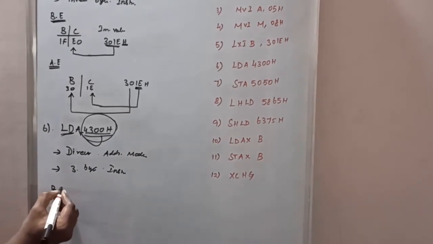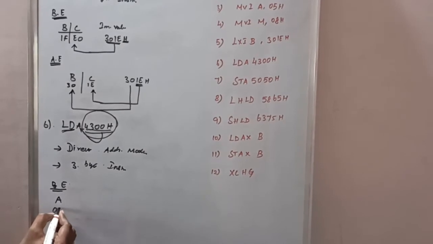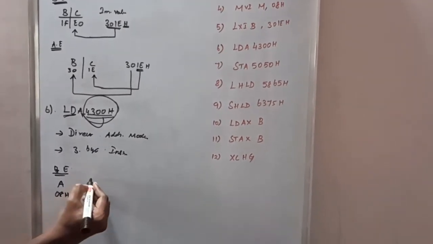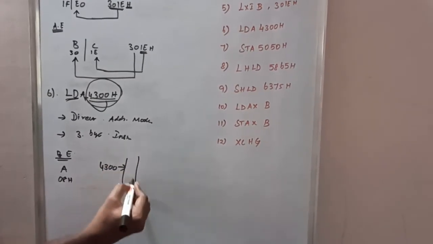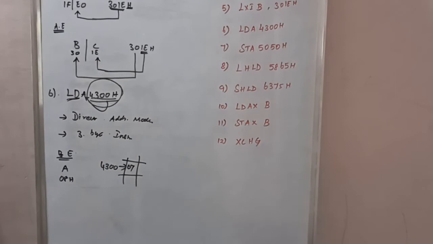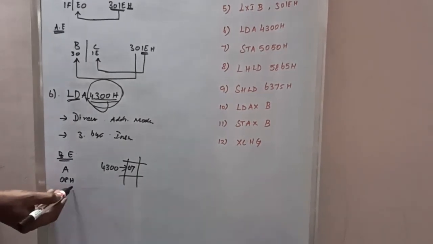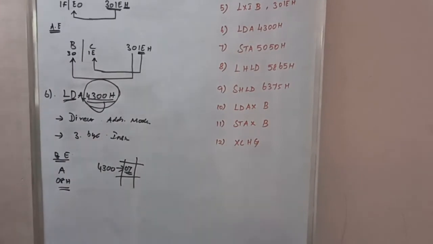Before execution of this instruction, the accumulator value is 08H. The memory location 4300 holds the 8-bit data 07. So before execution A value is 08, and the specified memory location holds the 8-bit data 07.